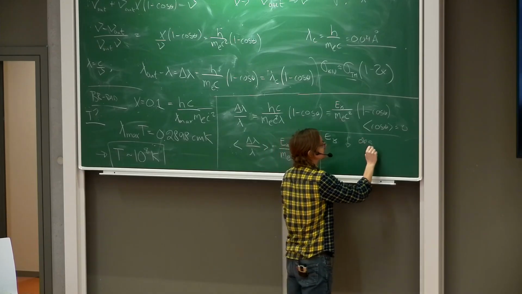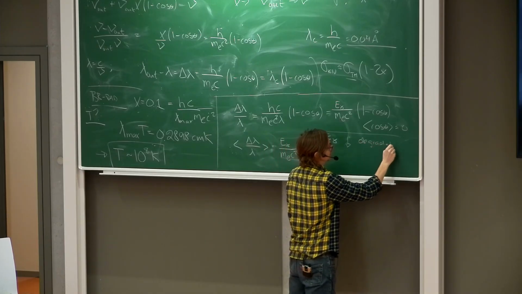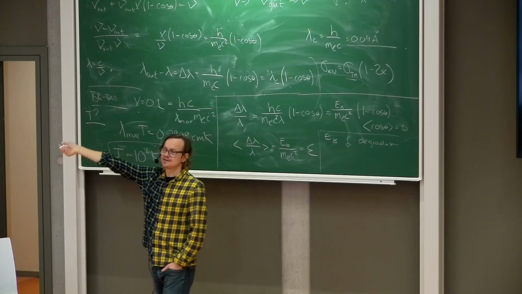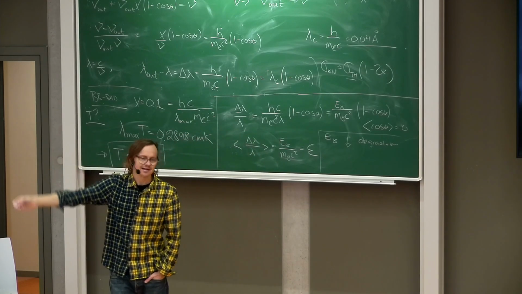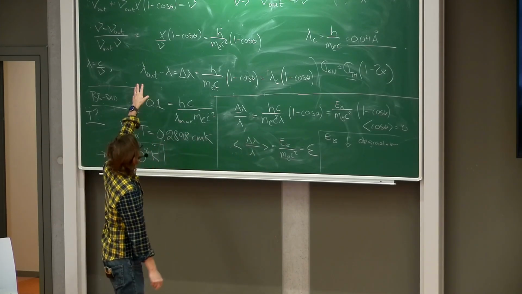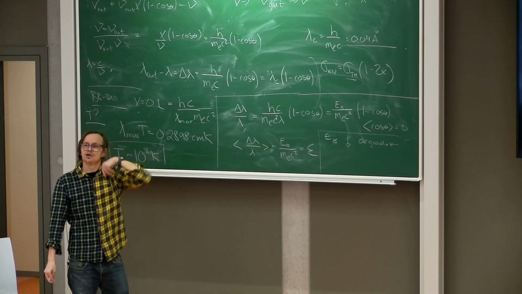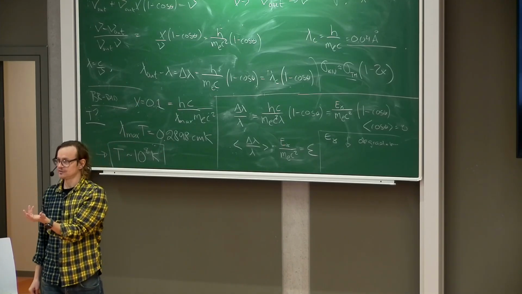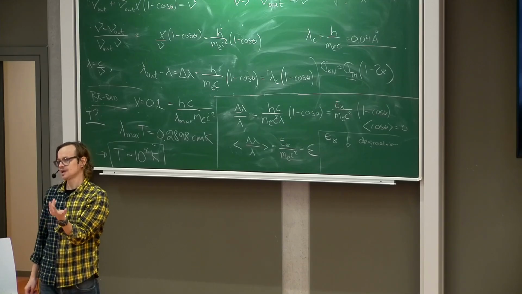So there is a degradation of photon energy, and of course that has to be delivered somewhere. And in this case, it's delivered, as we saw in our initial picture, to the kinetic energy of the electrons. That was our initial case.